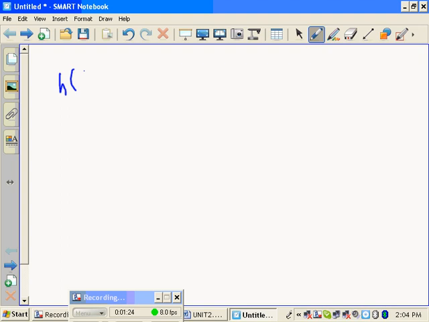H of t is 1024 minus 16t squared. It is a displacement function or a height function from, I don't know, a bowling ball thrown off a roof. This is h of t, the height of my bowling ball that I dropped off the roof of a building 1,024 feet high.